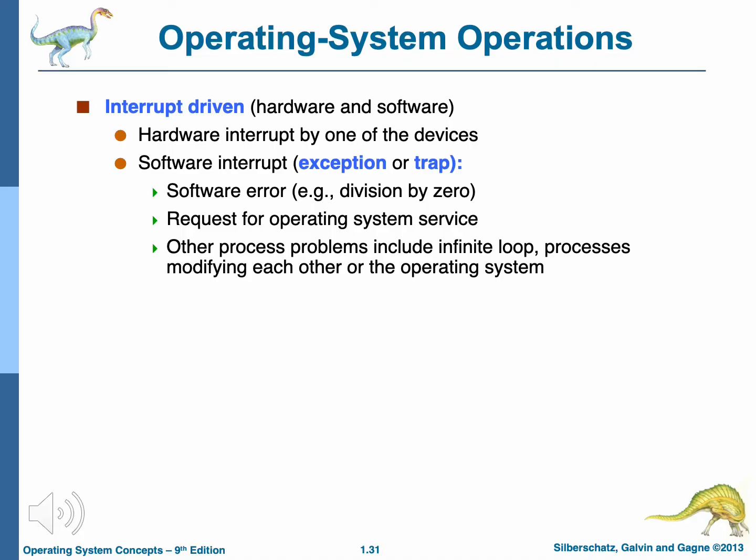For example, if a process gets stuck in an infinite loop, this loop could prevent the correct operation of many other processes. More subtle errors can occur in a multi-programmed system, where one erroneous program might modify another program, the data of another program, or even the operating system itself.